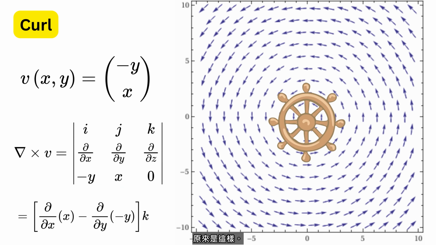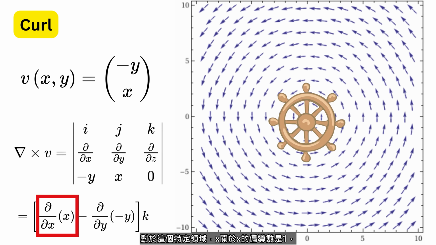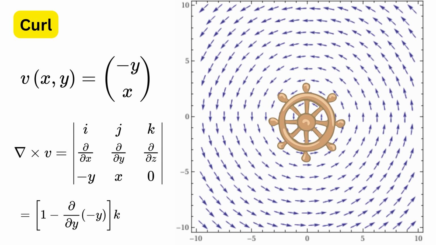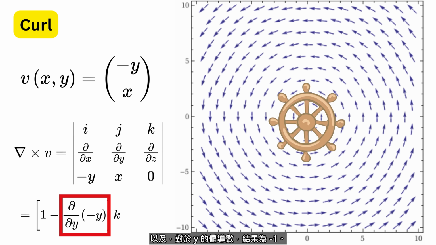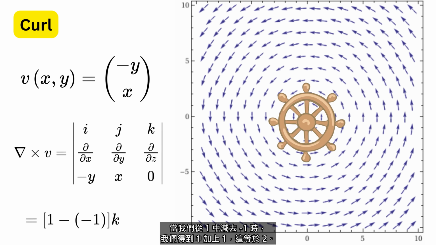It turns out to be this. For this specific field, the partial derivative of x with respect to x is 1, and the partial derivative of minus y with respect to y is minus 1. When we subtract minus 1 from 1, we get 1 plus 1, which equals 2.